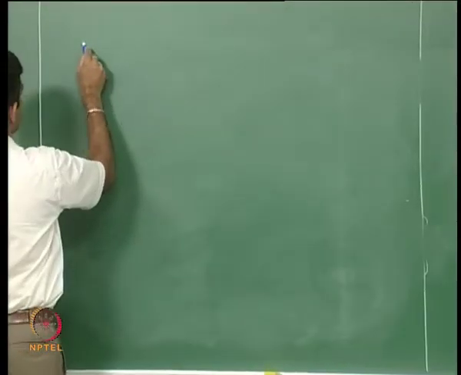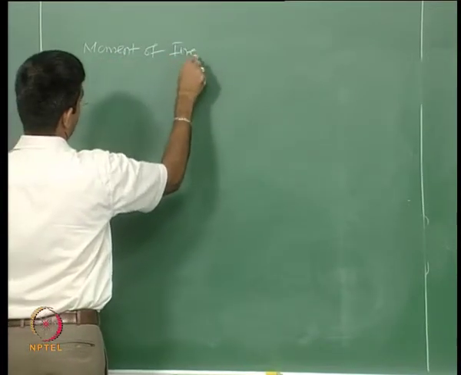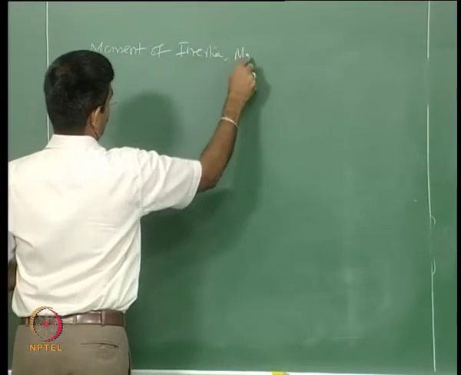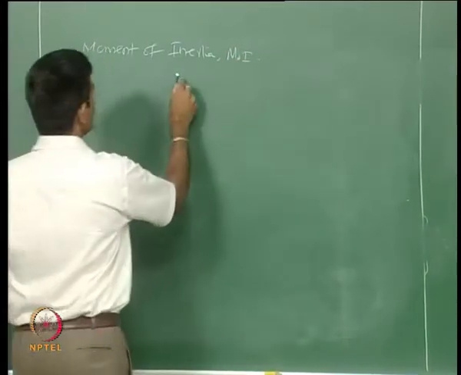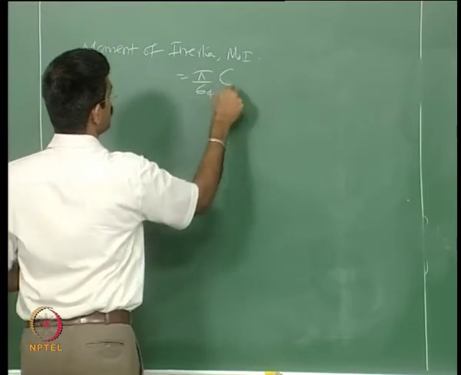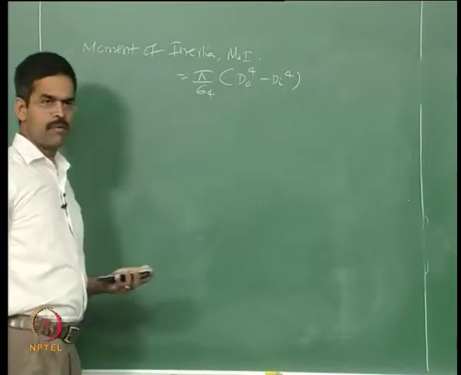Now we find the moment of inertia, which is pi by 64, d power 4 minus di power 4.